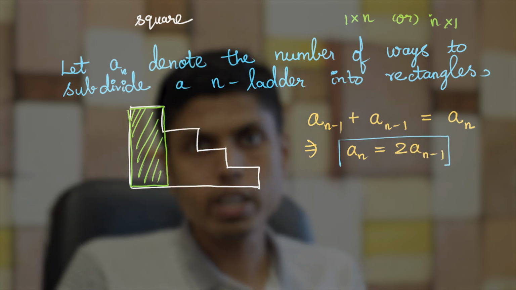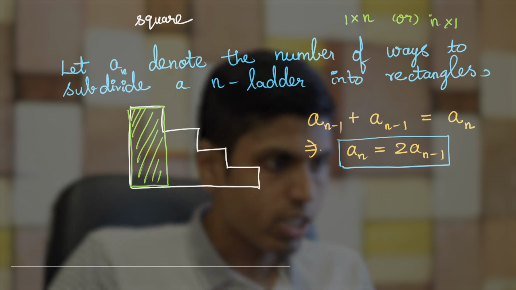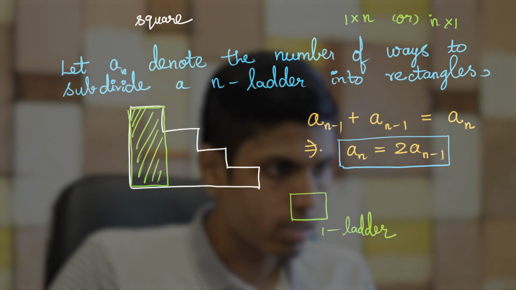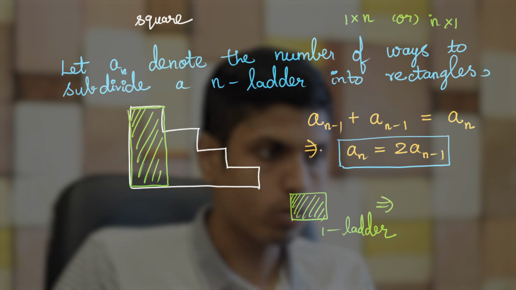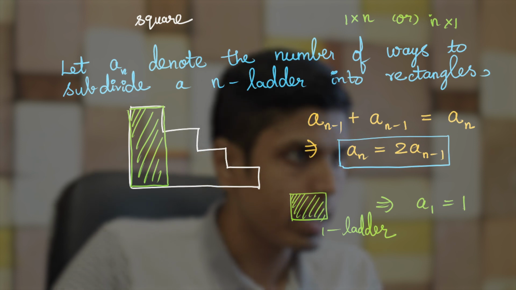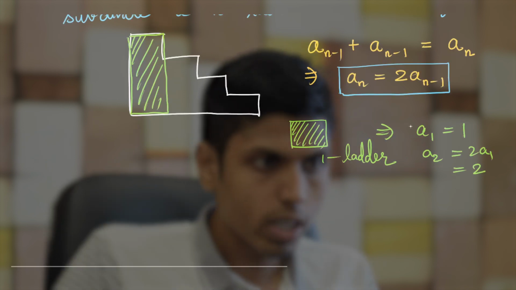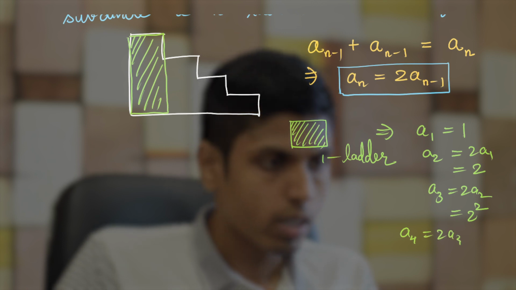Now we know that an initial condition is required to solve the recurrence. What is the initial condition? The initial condition is for the 1 ladder, which is just a unit square, implying that a_1 is 1, because this is that rectangle, there is no other way. You will easily see that a_2 is 2 times a_1 by the recurrence, which is 2, and a_3 is 2 times a_2, which is 2 squared, and a_4 is 2 times a_3, which is 2 cubed, and so on.